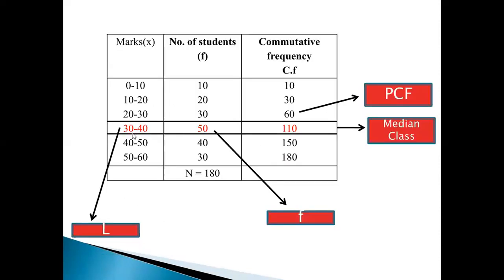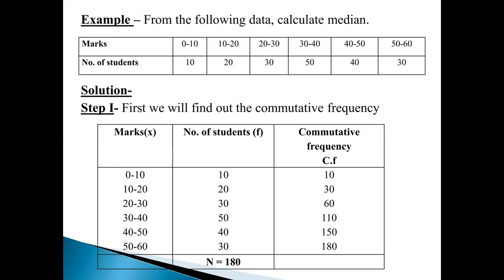So the lower limit of this 30 to 40 is 30. So L is 30, f is 50, PCF, that is the previous cumulative frequency to the median class, is 60, and the cumulative frequency for the 30 to 40 is 110. So what are the numbers we require here?